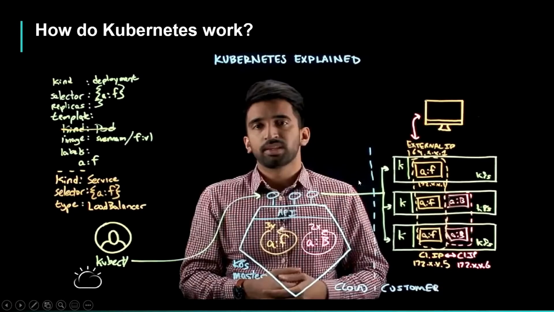So this is kind of how Kubernetes works. In the service, for example, you specify the load balancer, and in the deployment you specify how many replicas of this container you have. So you say 3 replicas, so you have 1, 2, and 3. So this is basically how Kubernetes works.